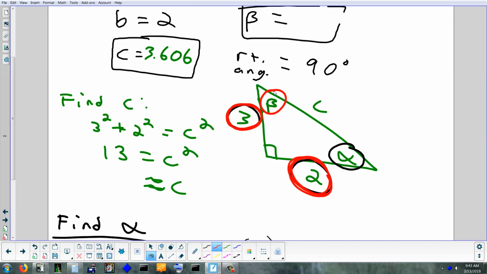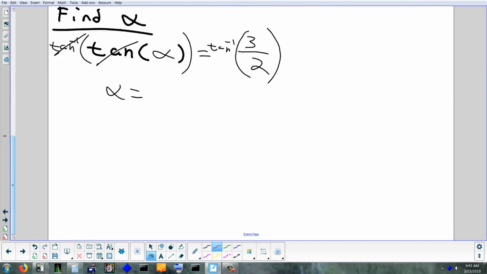What's the name of the side that's 2 now? Opposite. Now that's opposite. What about the side that's 3? Adjacent. Now that's the adjacent. But it's still opposite and adjacent. So it's still tangent, but the opposite and adjacent have switched.